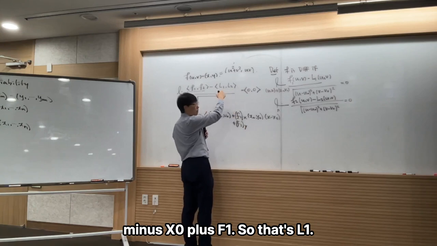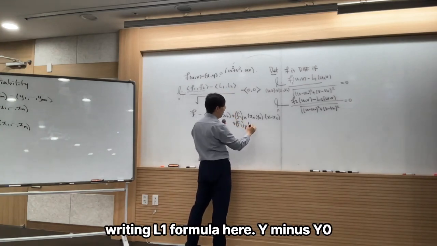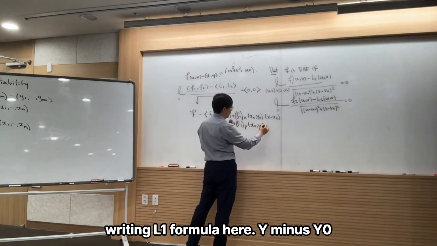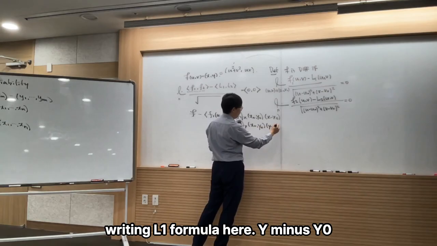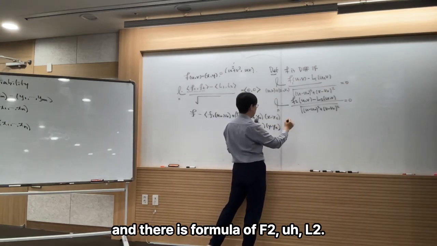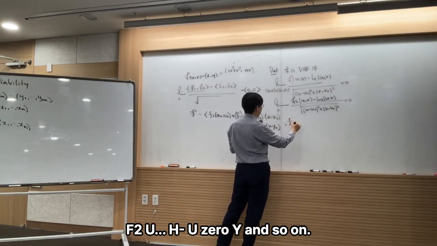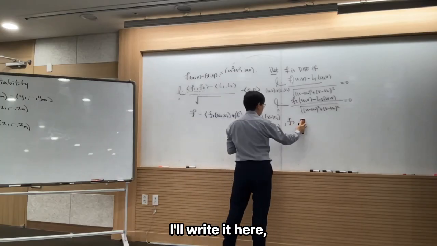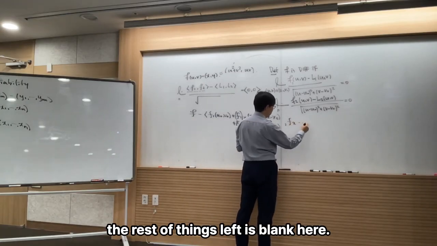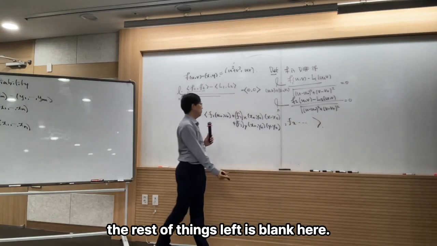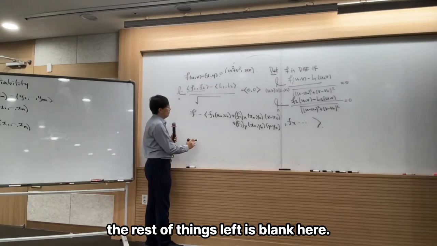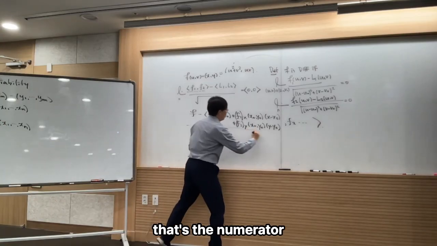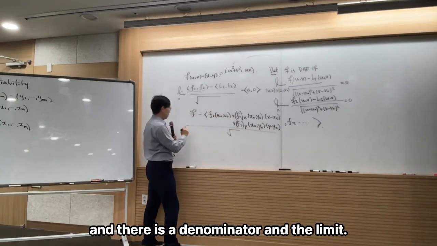That's L1, so I'm just writing the L1 formula here, and there is a formula for f2, L2, and so on. I'm not writing the rest here. That's the numerator, and there's the denominator and the limit.